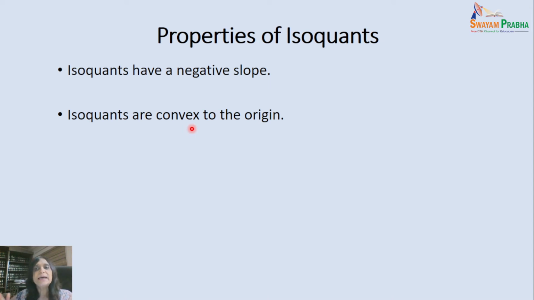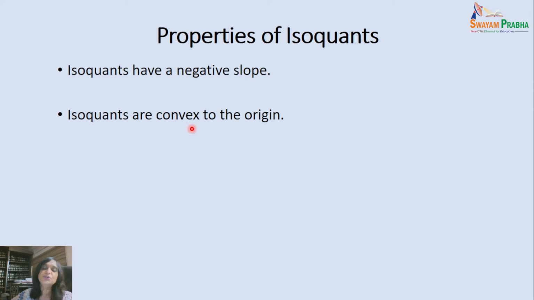So as you increase the amount of labor, the amount of capital that you are reducing will keep on declining. Because of diminishing marginal rate of technical substitution, your isoquants are convex to the origin.